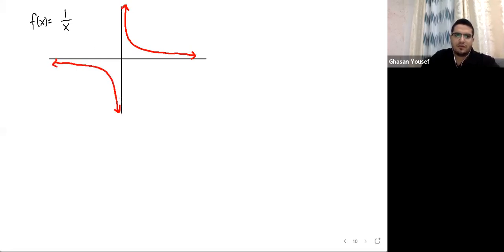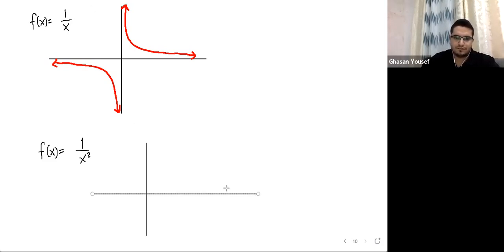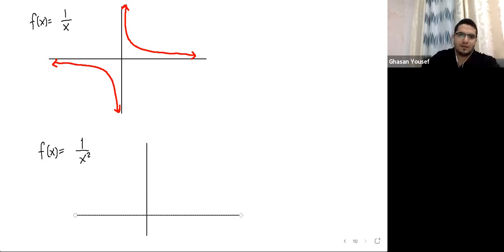Okay, for the function f of x equals 1 over x squared, the graph of this function should also be like here, something like that.